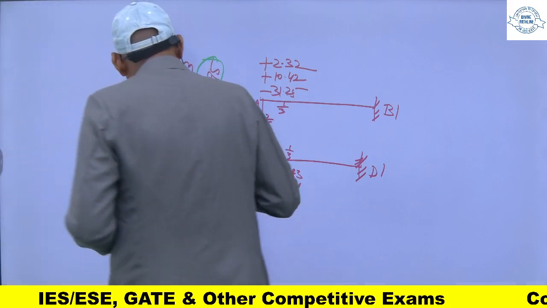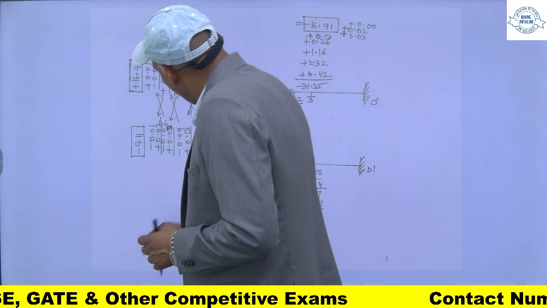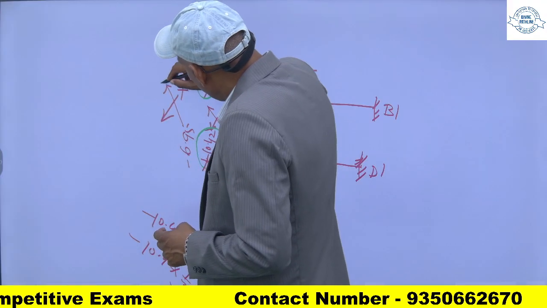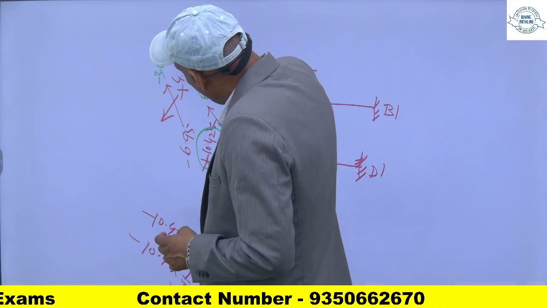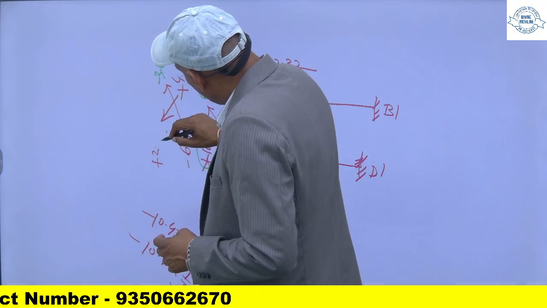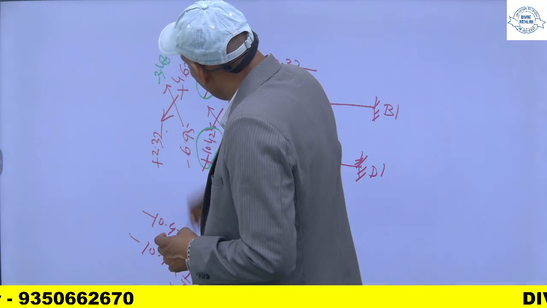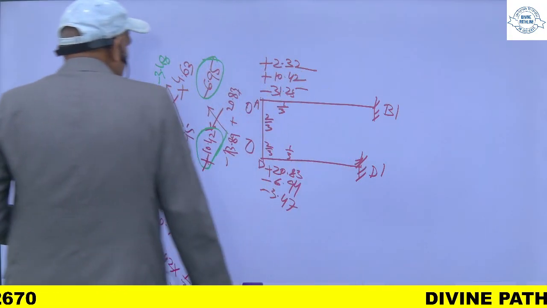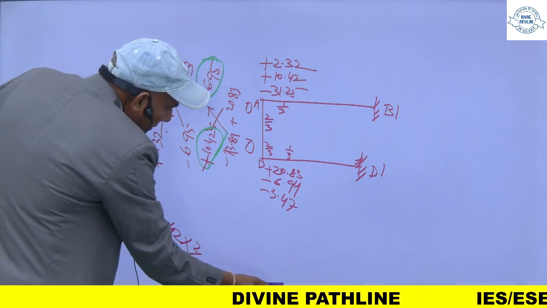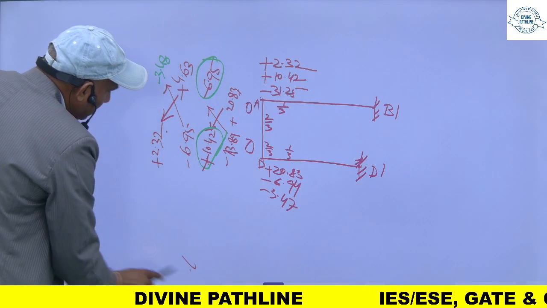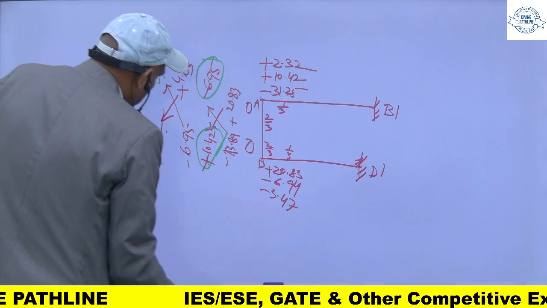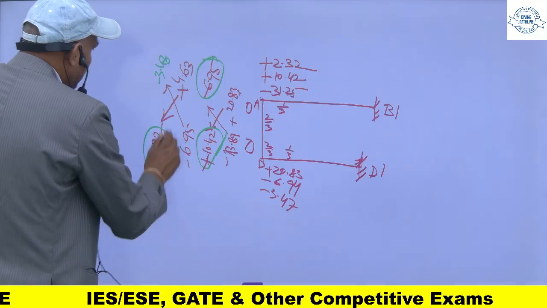So this will be minus 3.48 and half of this will be plus 2.32, you can say. So now this moment is extra. Now this one is extra.